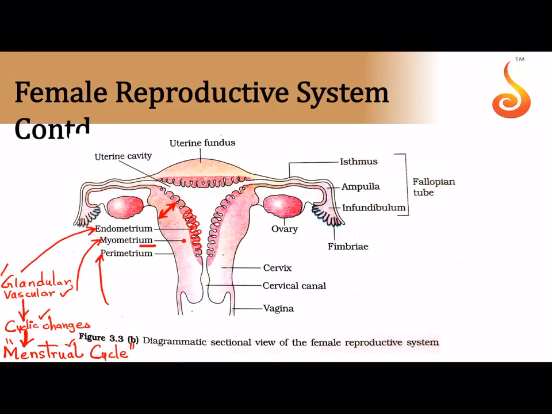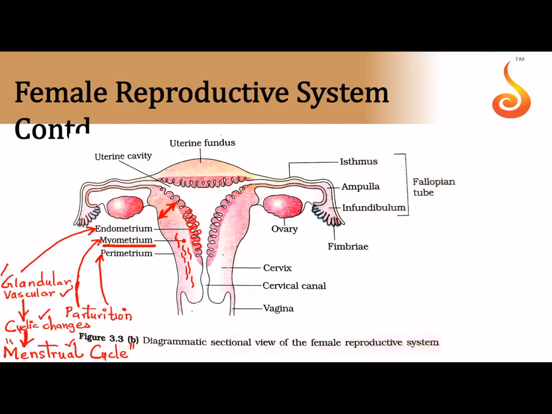Then the middle layer is called the myometrium, and let me just show certain lines over here. It is made up of smooth muscles, all right? And this myometrium helps in parturition or childbirth. I hope you're writing down all these points.